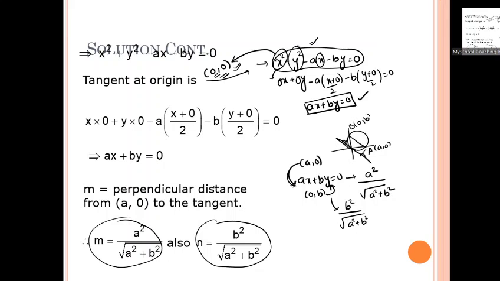Yes, sir. So what is m plus n here? When m and n are added, what do you get? 2R. When m plus n is added, you're getting root of a square plus b square, right? Which is nothing but AB. Yes or no? And AB is nothing but the diameter of the circle, right?